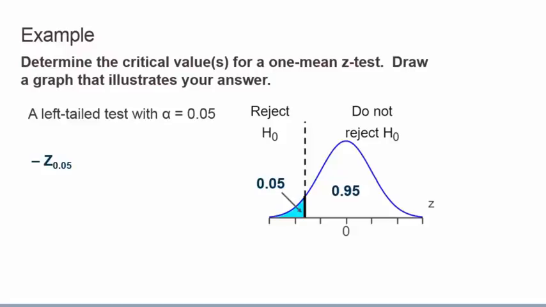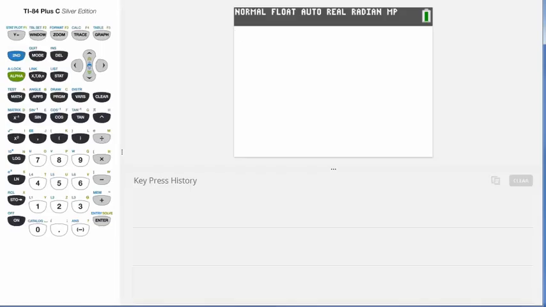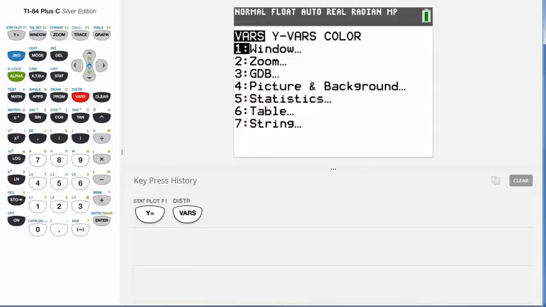Because z sub alpha always reflects the region to the right, when we want to calculate this, we need to type in 1 minus 0.05. We're ready to go to our calculator. Second, distribute.